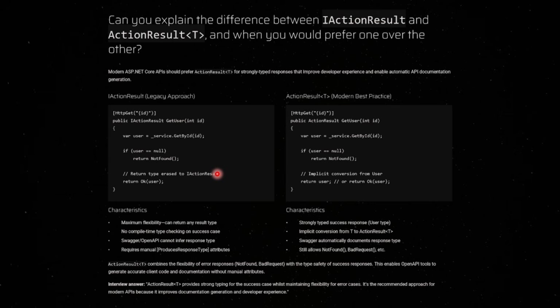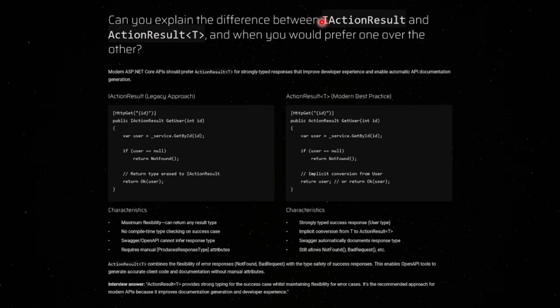Then, what is the difference between IActionResult versus IActionResult of T? IActionResult of T helps us achieve a strongly typed return type. So if you have an entity user, then when returning that user as a response, you don't have to do the conversion. It will be done automatically because you already have a strongly typed return type.